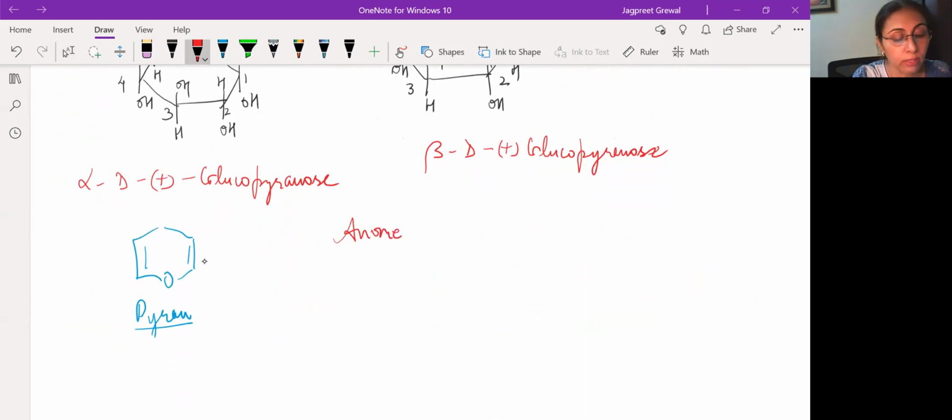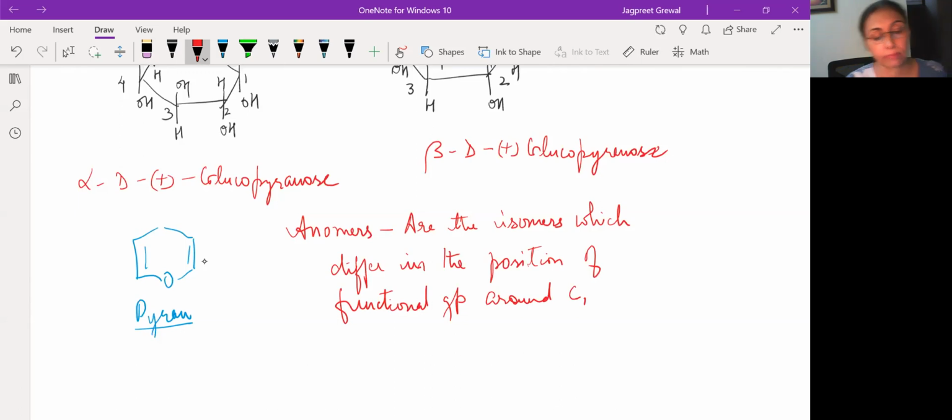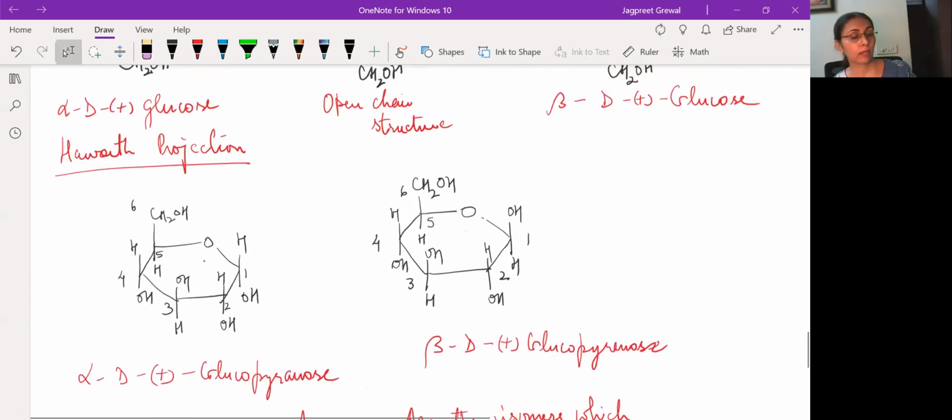If you define anomers, they are the isomers which differ in the position of the functional group, in this case the hydroxyl group, around carbon 1, the first carbon.